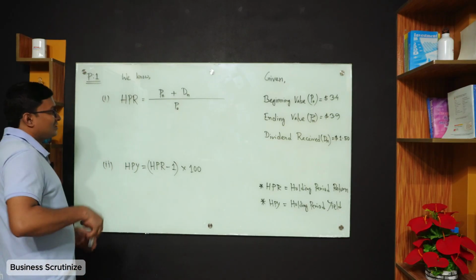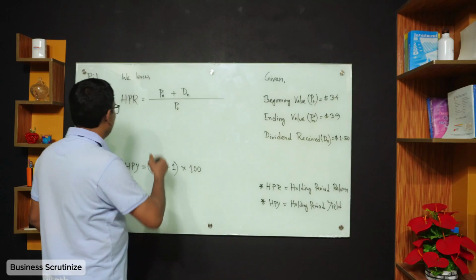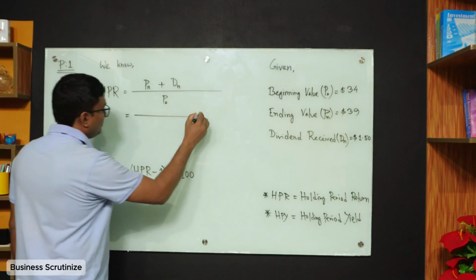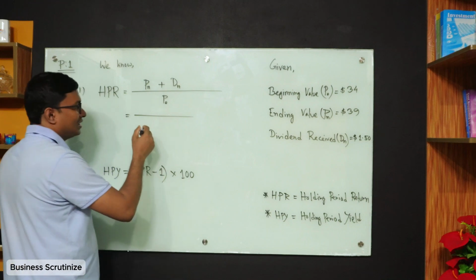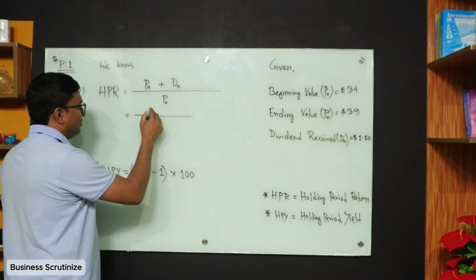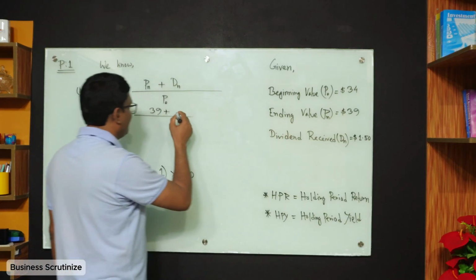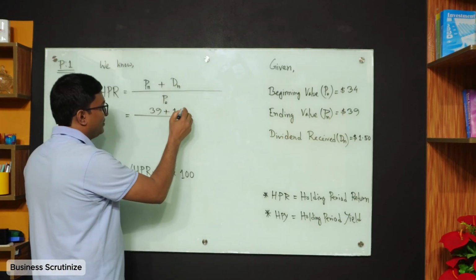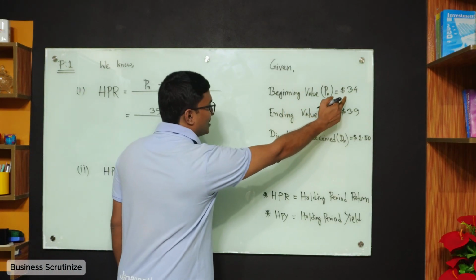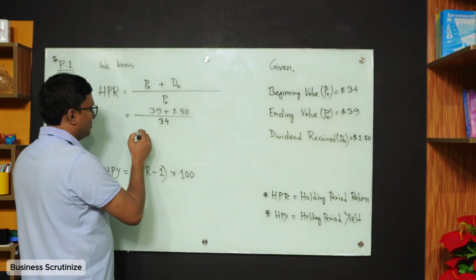If we now input the given data into the first equation, we will get HPR this way. We have the ending value, which is 39, plus the dividend received during the period, which is 1.5, and the beginning value, which is 34.